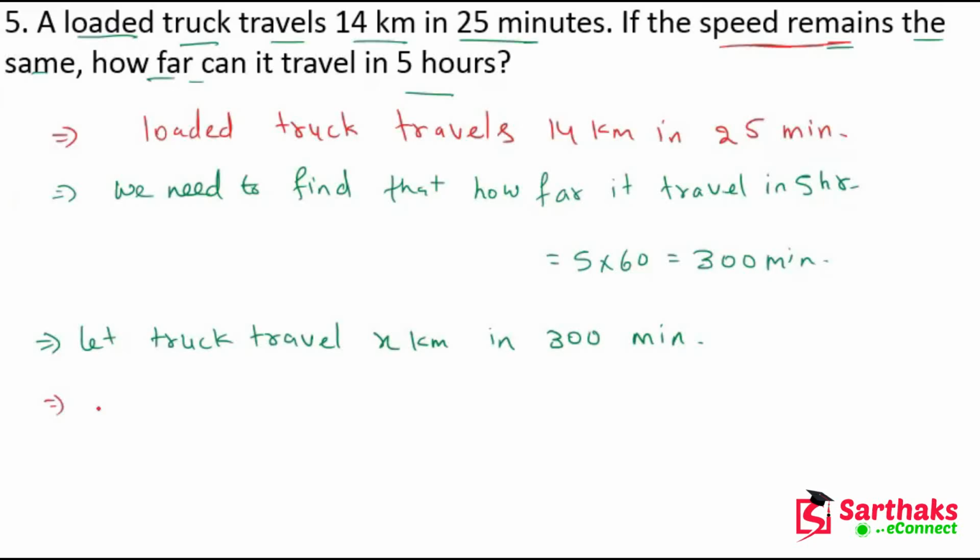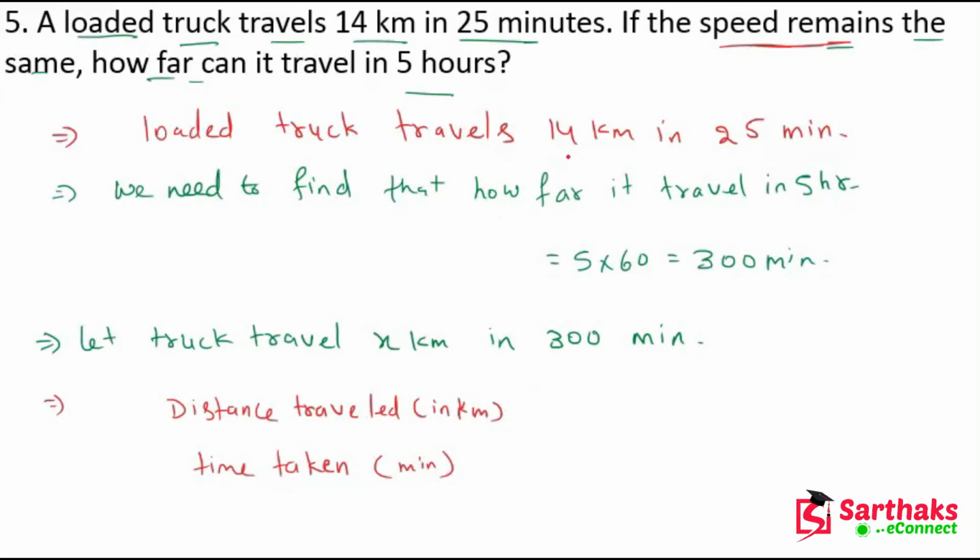Yeah, so now if we make the table, here is distance traveled, which is in kilometer, and here is time taken, which is in minute.